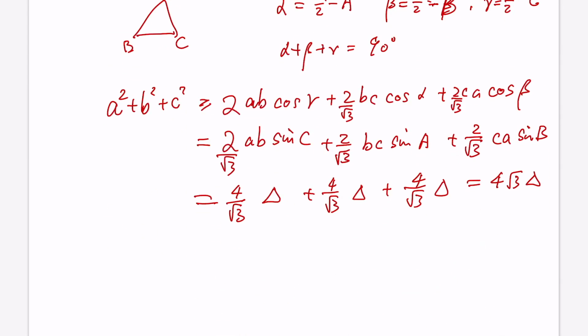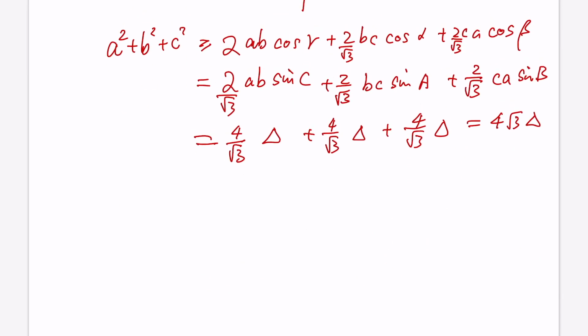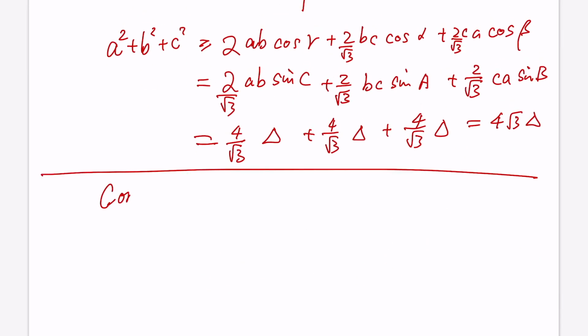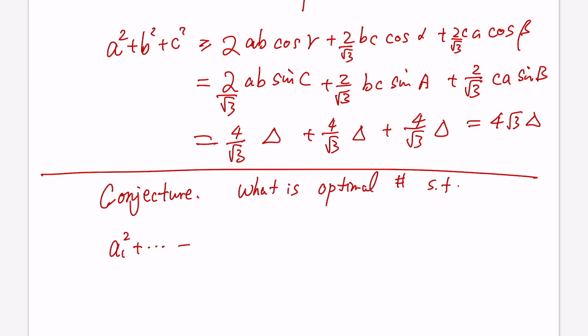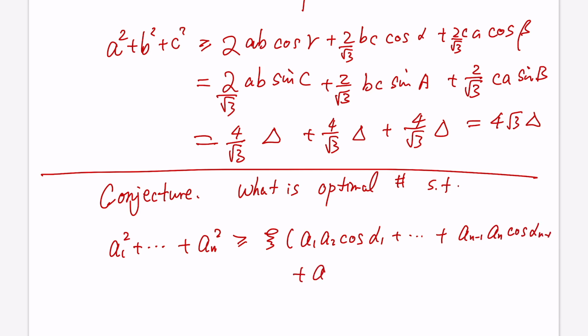Okay, I will stop here, or maybe I can give you a question or conjecture. What is the optimal number such that a1 squared plus through an squared is bigger than this optimal number, let's call it C, times a1 a2 cosine alpha 1 plus through an minus 1 an cosine alpha n minus 1 plus an a1 cosine alpha n.